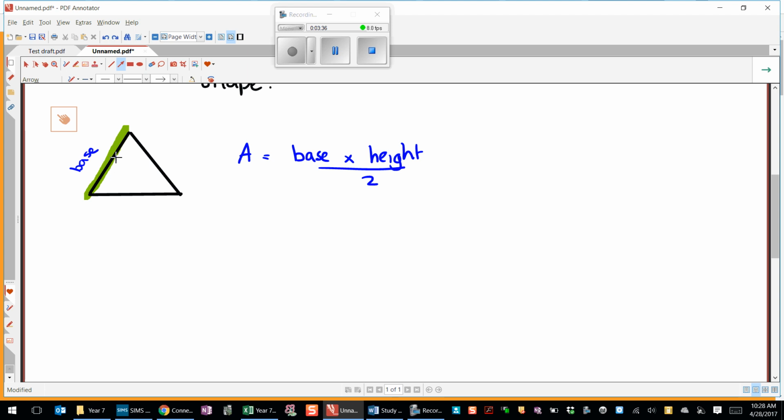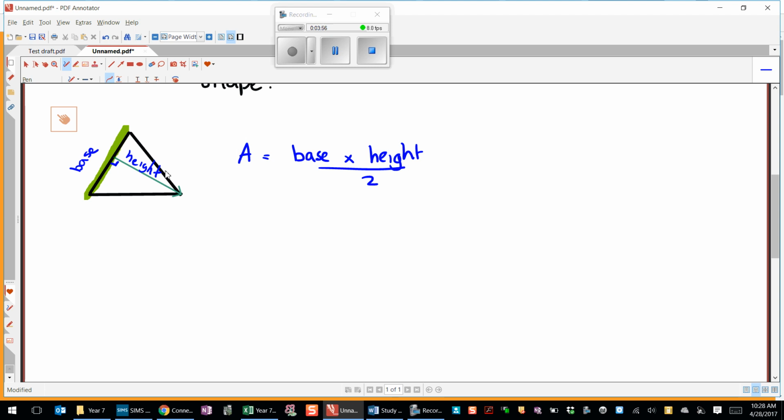So we go to that point, so that there would be the height. Just to recap, the height does not necessarily have to be vertical, but it must be perpendicular to what you decide is the base.